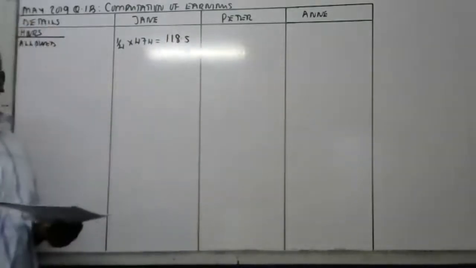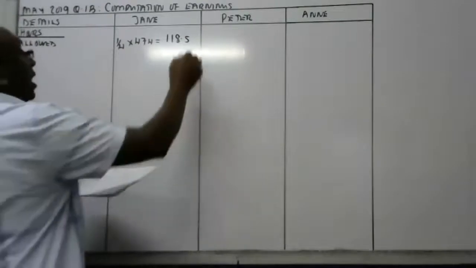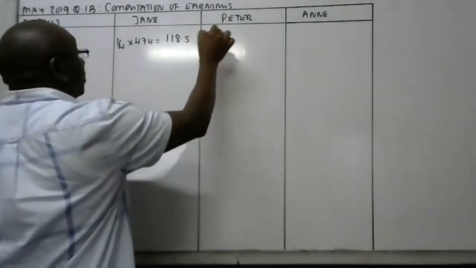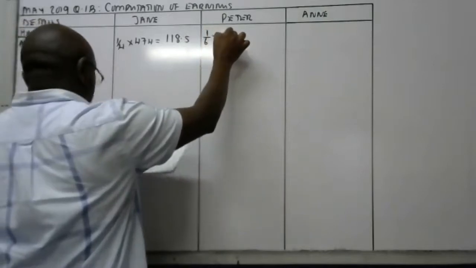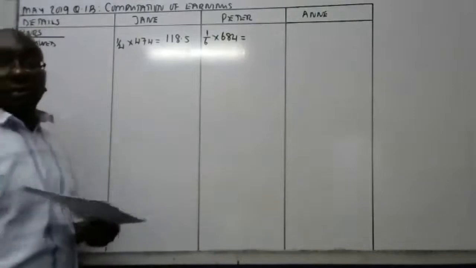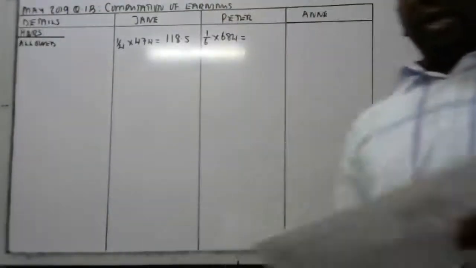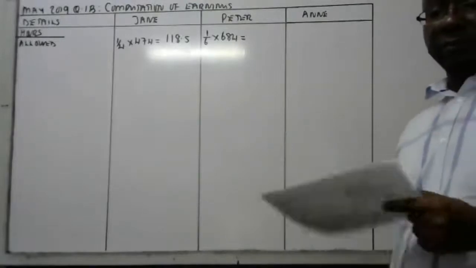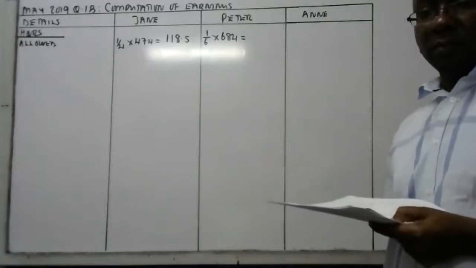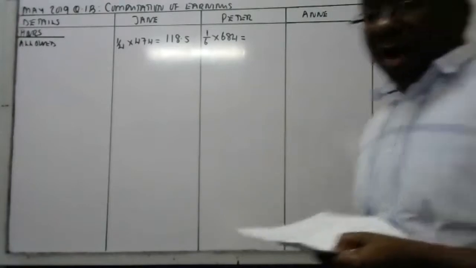118.5. When you go to Peter, it is a sixth of 684, a sixth of 684, is 114.